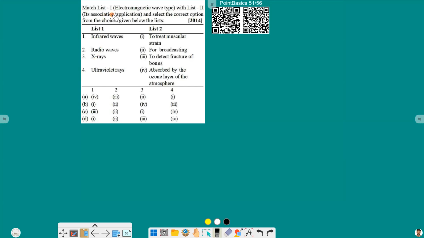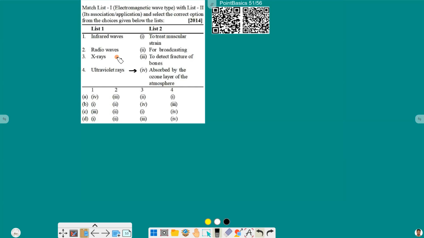Now again, here we have to find use cases. Coming to the ultraviolet rays, they are absorbed by the ozone layer, so 4 will match with 4. Now coming to the X-ray, used to detect fractures in the bones.